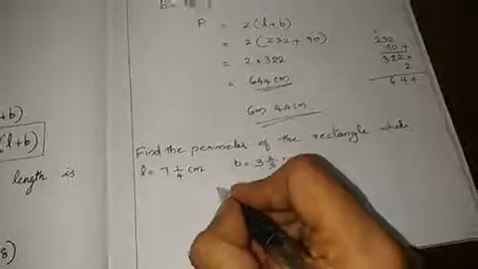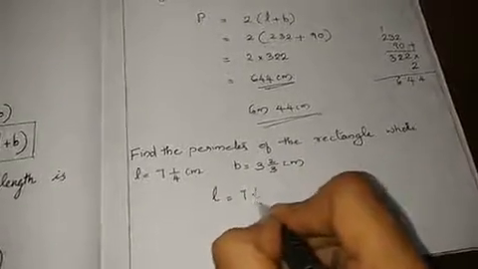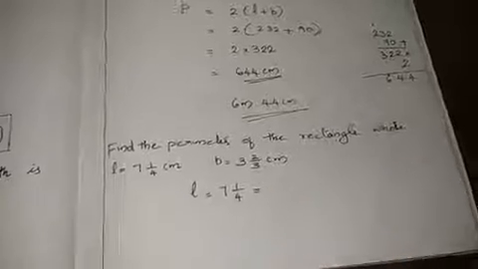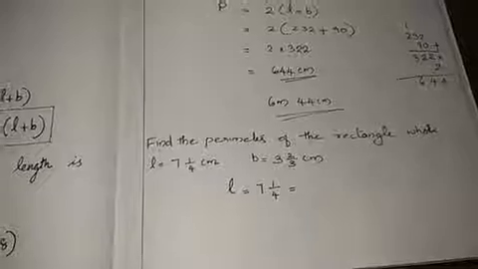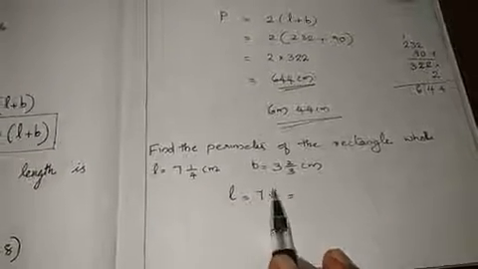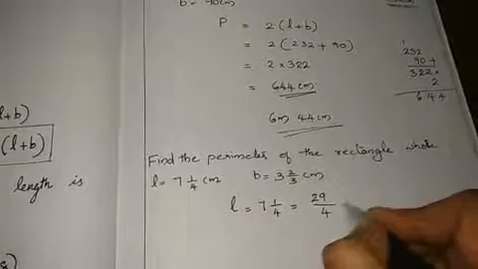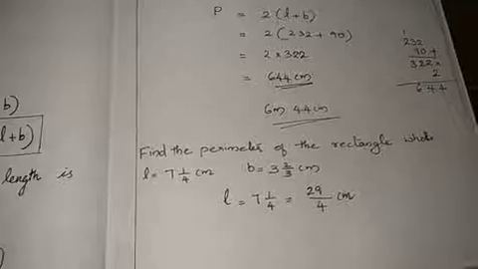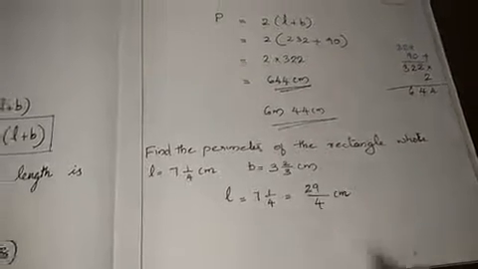So we can rewrite length as 7 1 by 4. If you get a mixed fraction, what will we do? We will change the mixed fraction into improper fraction. So 7 into 4, 28 plus 1. So 29 by 4 centimeter. Now our length is 29 by 4 centimeter.